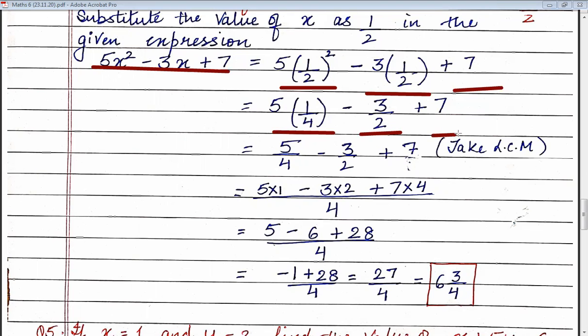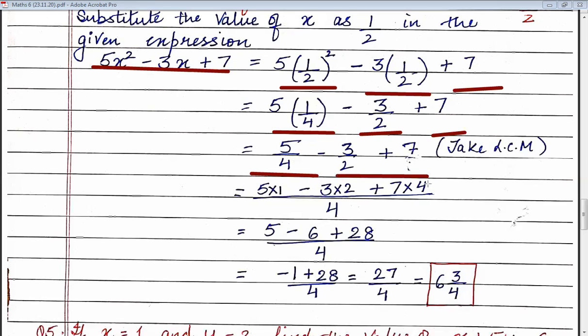Now next one is 7. Now in the next expression, we just multiply 5 with 1, that is 5 ones are 5, and the denominator will remain the same, that is 4. So it becomes 5 upon 4 minus 3 upon 2 plus 7.